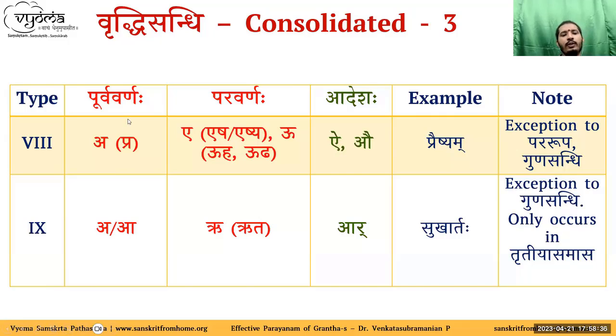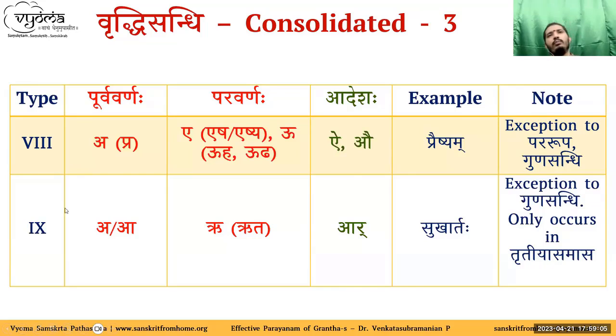In the eighth type, we saw if the Purvarna is Akara, which is the ending letter of Pra, and if the Paravarna is Ekara, which is the starting letter of Esha or Asia, or Ukara, which should be the starting letter of Uha or Udha, then we get the Adesha I or Au. Examples we saw Praisham, Praishaha, Praishyam, Prauhaha, Praudhaha, etc.